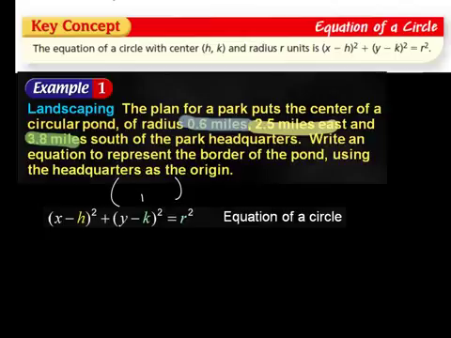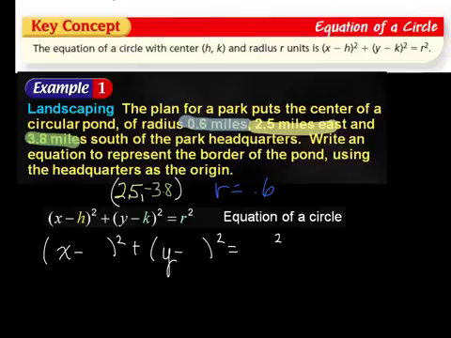Okay, we usually go right when we're talking about east, so our x value is 2.5, and south we would go down, so negative 3.8 is my y value, and the radius they said was 0.6, so we can just plug into the formula.